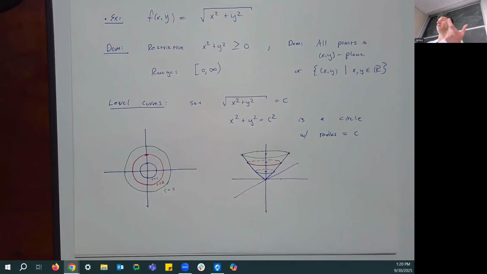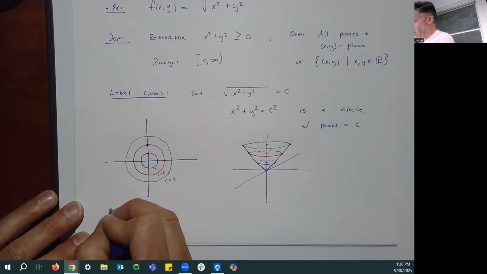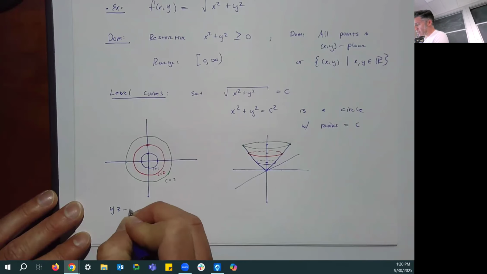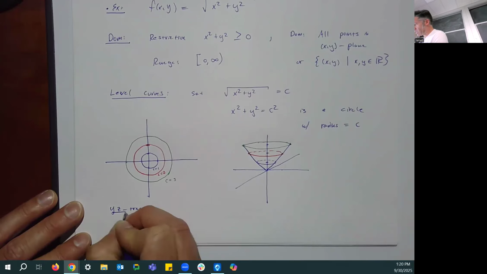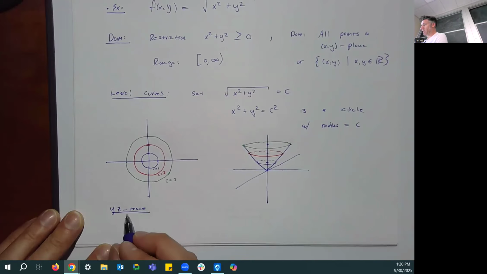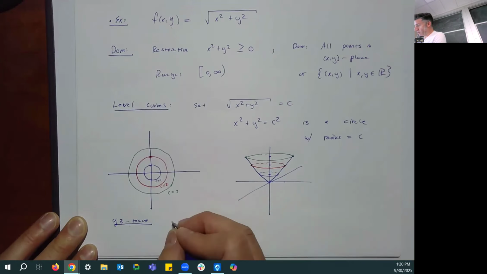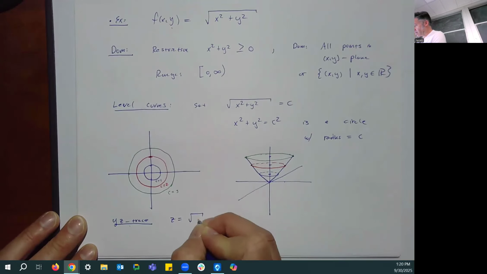Because, and I kind of forgot to mention this, our traces here are kind of weird. So just to go back for a second, our YZ trace, I don't want to talk about the XY trace because it's, again, just the point that's the origin. But the YZ trace, we're going to get z equal to the square root of x squared.